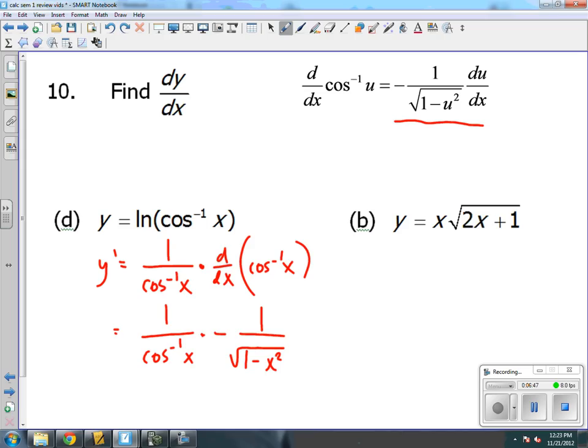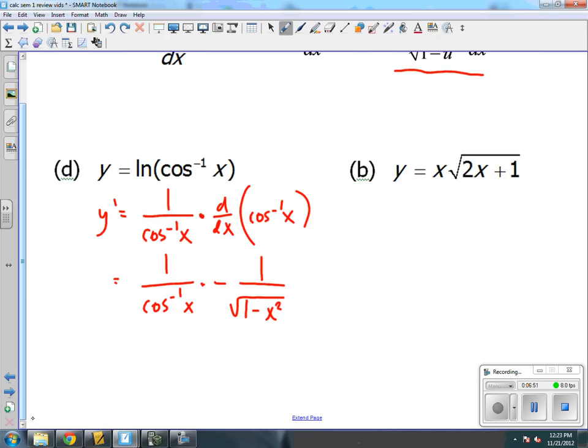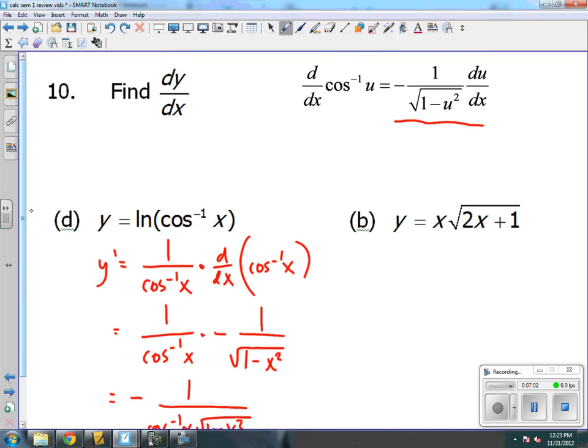And at this point, I can either multiply these or just combine them. But I would just say this equals negative 1 over cos inverse x times the square root of 1 minus x squared. But again, it all comes back to memorizing this or putting it in your calculator.